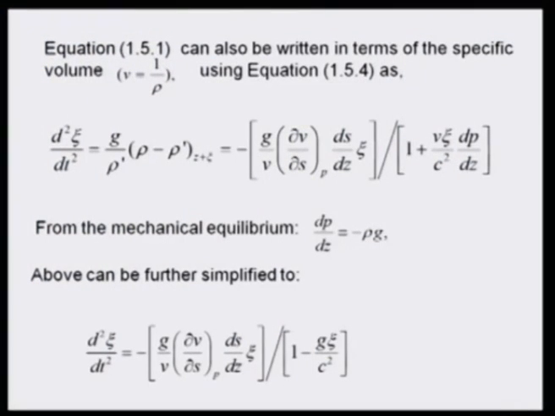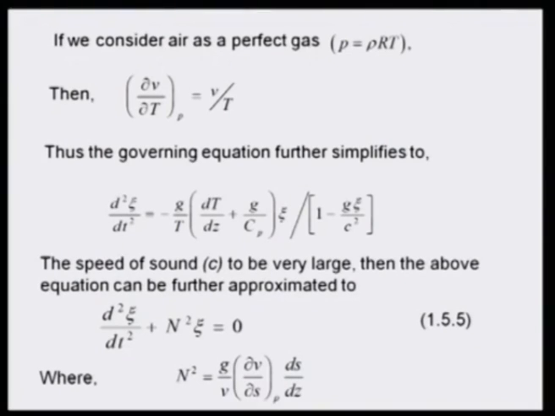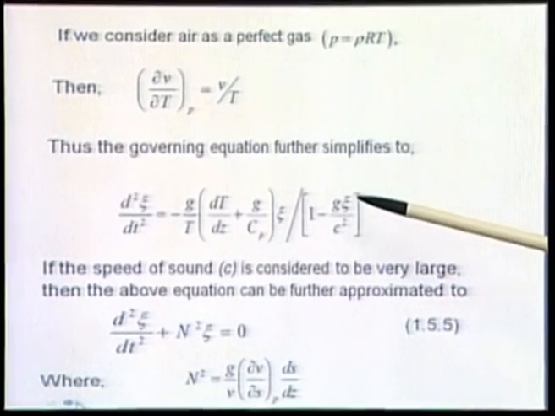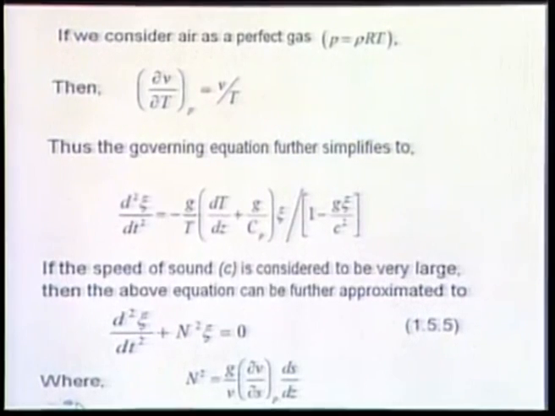And what we find is that such a simplification leads to a simplified equation that is written here in the middle for a perfect gas. So, for a perfect gas we have used the constitutive relation to arrive at this.